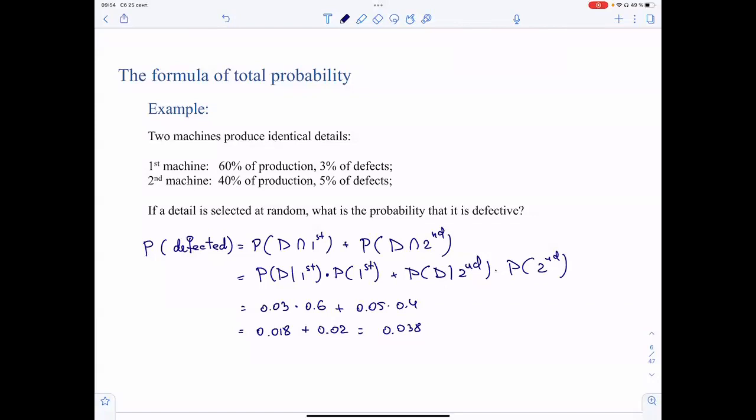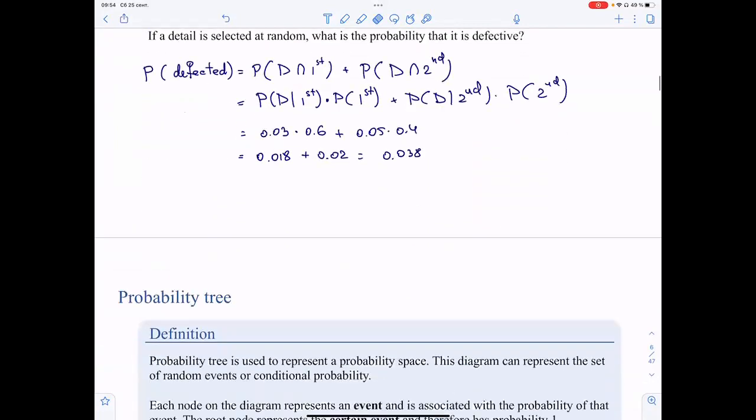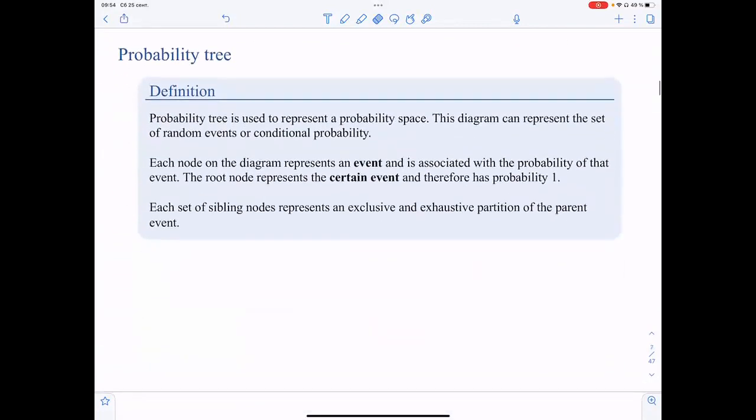And we succeeded to do that because we were able to split all of the events into a combination of intersections. All right. Just a hint.